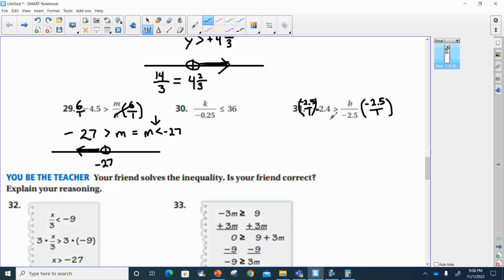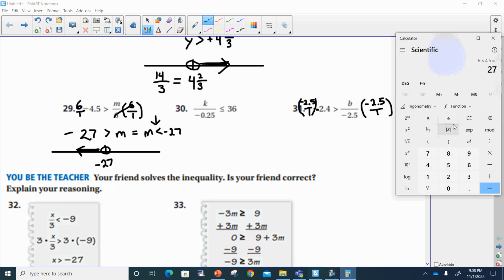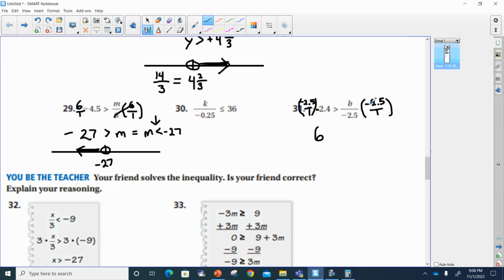And 2.5 times 2.4, well, let's see. 2.5 times 2.4, that's going to give me 6. But remember, I multiplied by a negative number, so my symbol has to be turned in the other direction. So b is greater than 6.